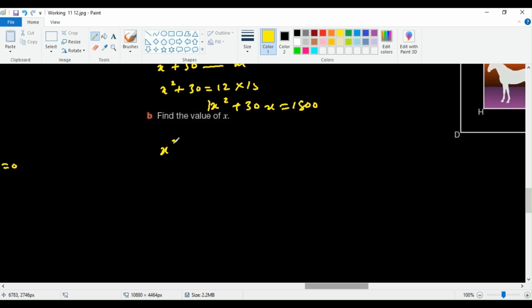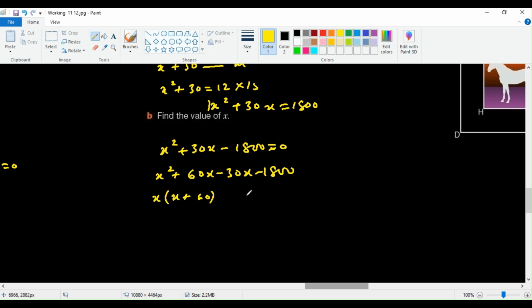So that means x squared plus 30x minus 1800 equals 0. That means once we factorize this, it's going to give us x squared plus 60x minus 30x minus 1800. So x plus 60 in the first bracket, copying down for the second time, and minus 30 comes here.